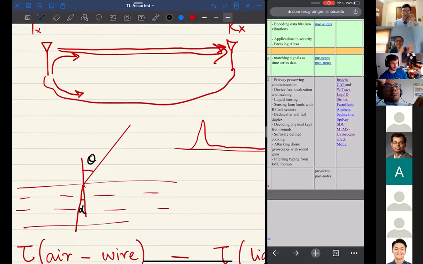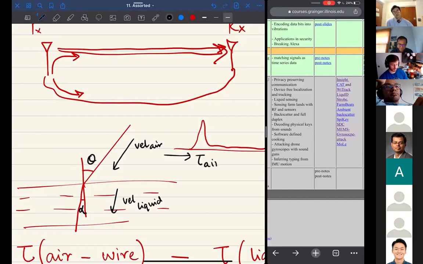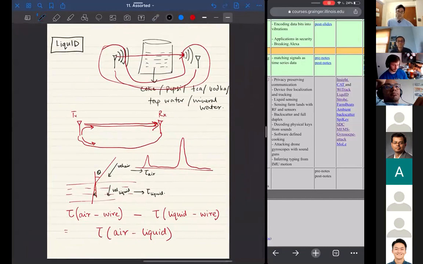This theta and alpha can actually be mapped to the velocity of the signal in the air and the velocity of the signal in the liquid. Theta and alpha have the same relationship as the velocity of the signals in the different medium. And once you have the velocity, you can translate that to tau air and translate that to tau liquid. And then you can solve for them, right? And as a result, you can figure out the refractive index.